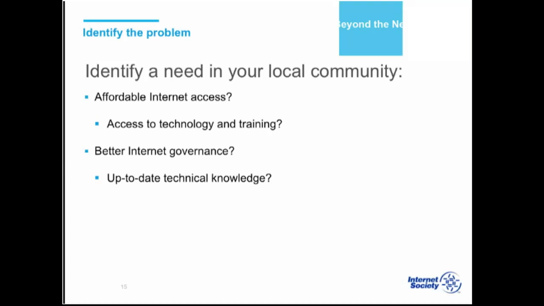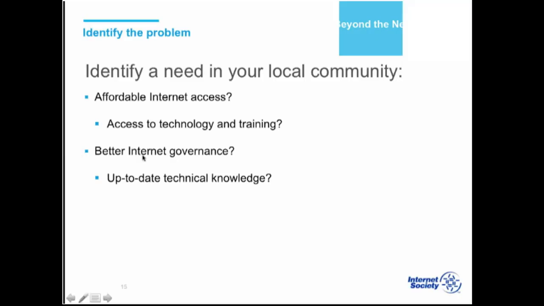So in the beginning, I mentioned identify the problem. So identify a need in your local community. And here we just have a few examples. Affordable internet access, still a hot topic today in many regions. Access to technology and training. Again, we might think sometimes that everyone has access to technology, but that's not the case.